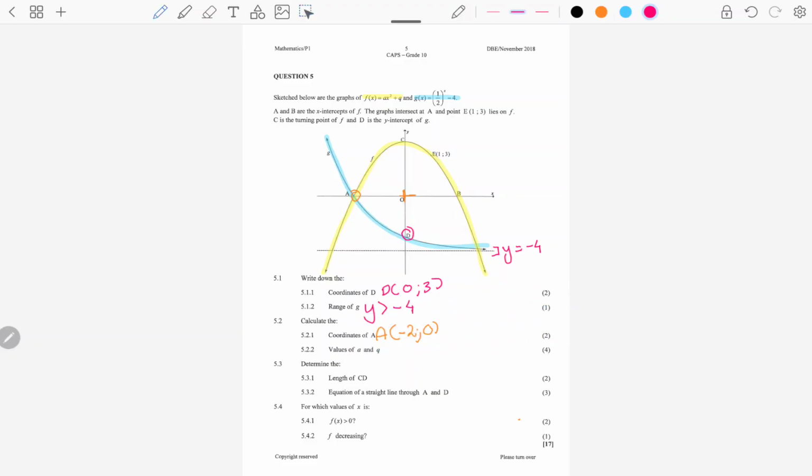Now they want us to calculate the values of a and q for the graph f of x. So we know this is a simple finding the equation of a parabola. So we first know a normal formula is f of x is equal to a x squared plus q.